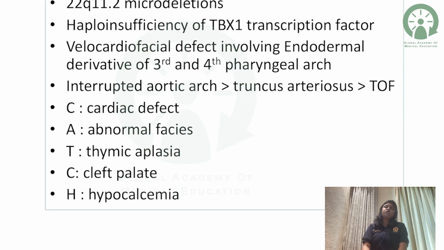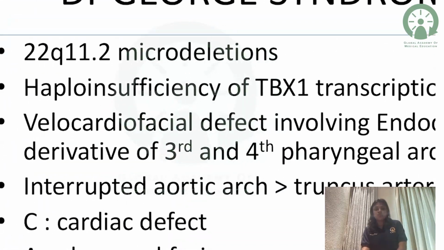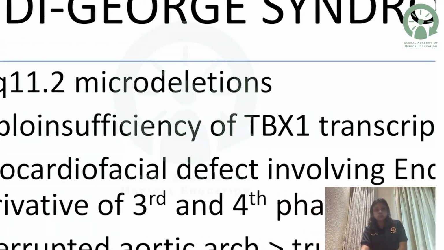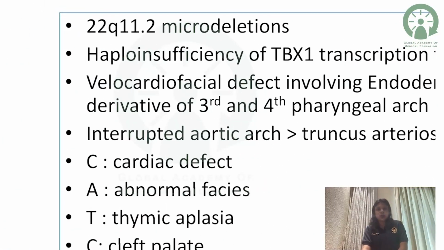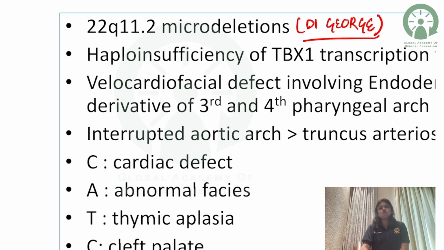So next we are going to read something which I was talking about previously in much more detail, that is the 22q11.2 microdeletion. And yes, you're right, we are dealing with nothing but DiGeorge syndrome. Okay, so we are going to read about the DiGeorge syndrome. Each and every line is important regarding this DiGeorge syndrome.